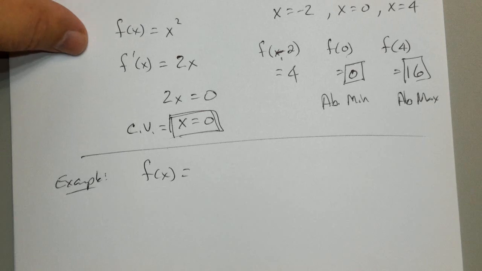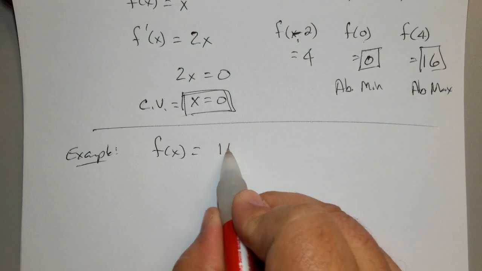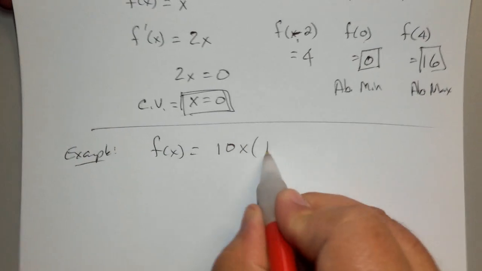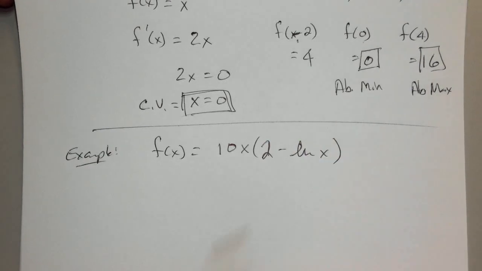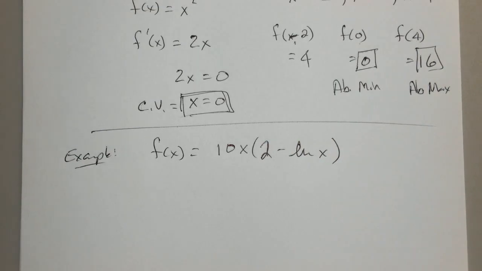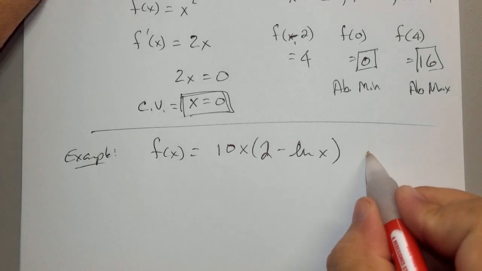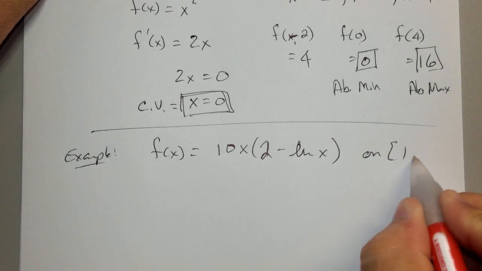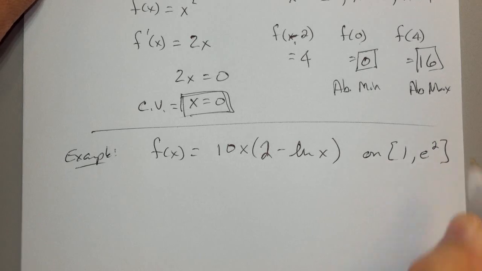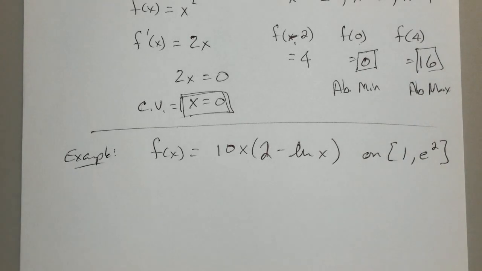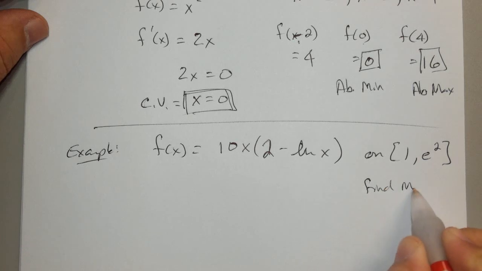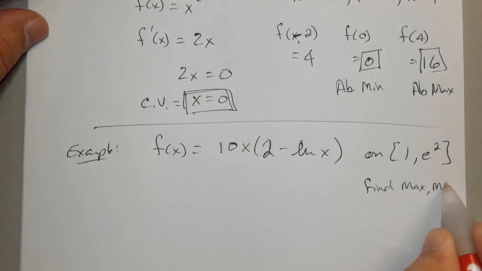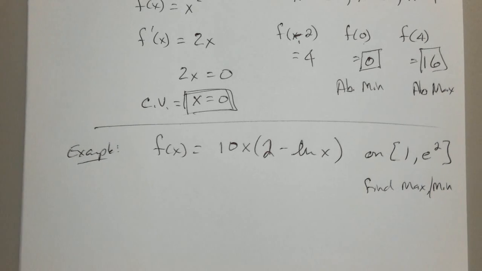For the function 10x times (2 minus ln x), on the domain [1, e squared], find the absolute max and min.